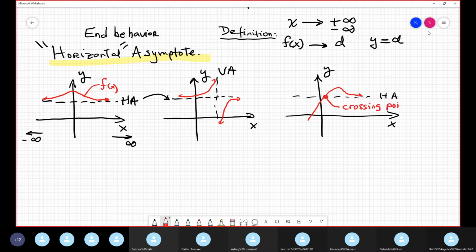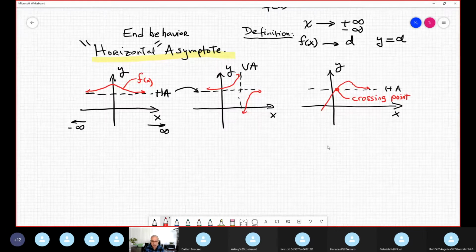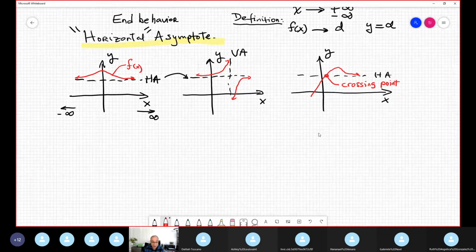So we need to investigate if we have a crossing point or not. And on the vertical asymptote, we never have a crossing point, because in the vertical asymptote the function is undefined. It's impossible. But on the horizontal, sometimes, not always. It seldom happens, but it happens.